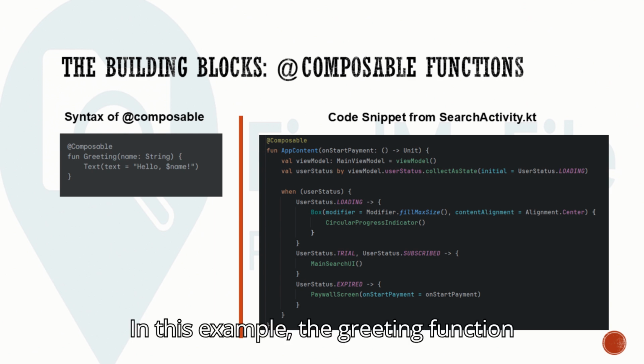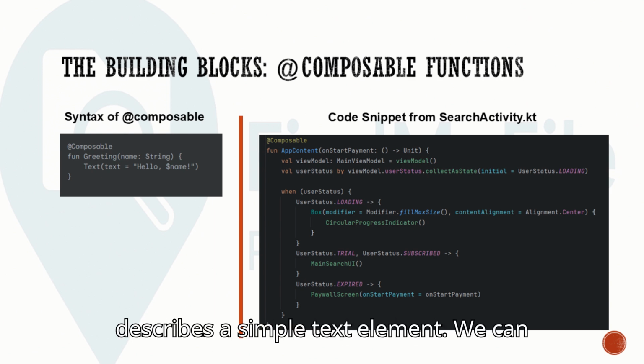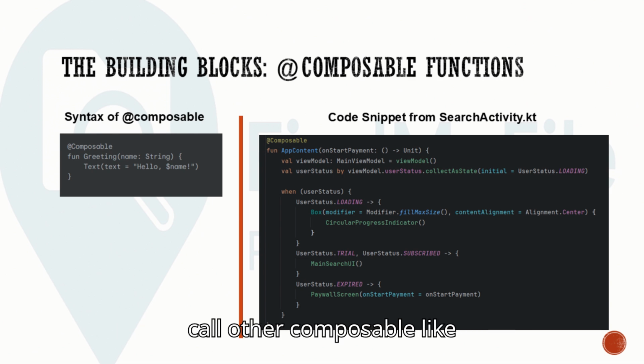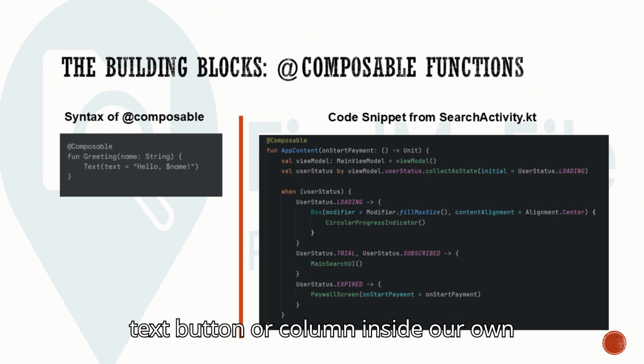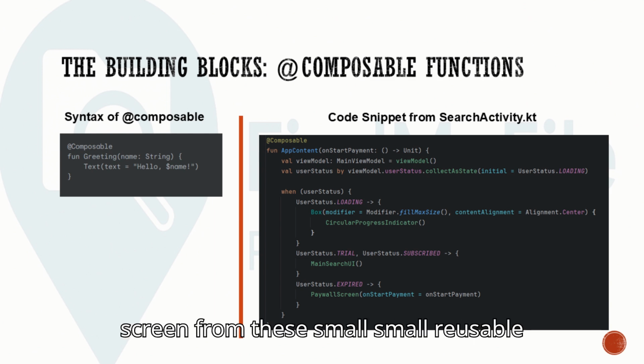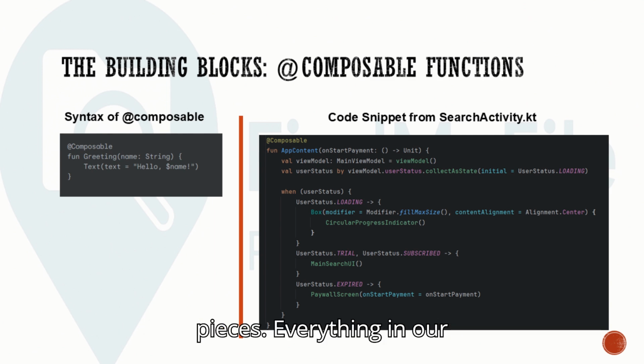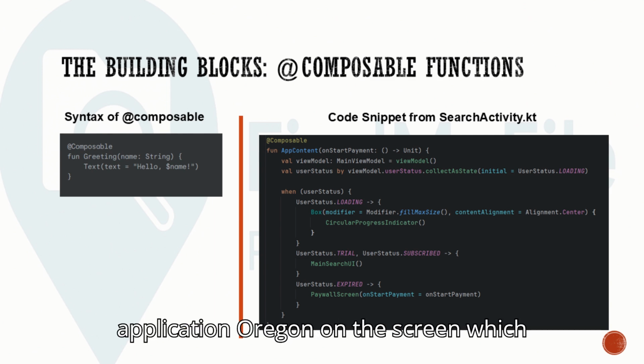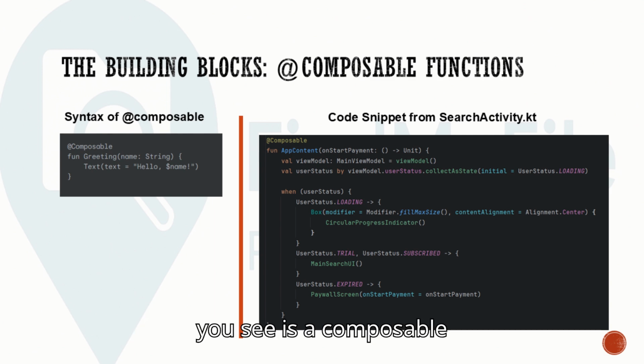For example, in this example, the Greeting function describes a simple text element. We can call other composables like Text, Button, or Column inside our own composables to build a complex screen from these small reusable pieces. Everything in our application or on the screen which you see is a composable function.